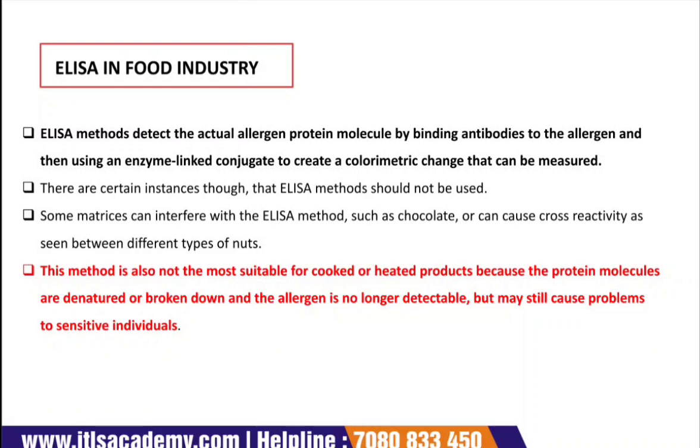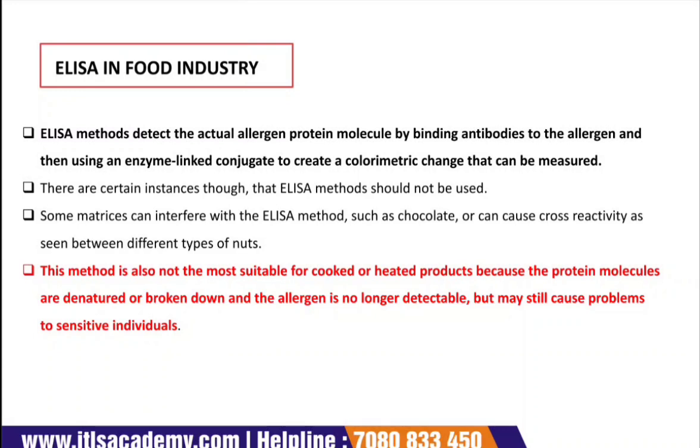Because it can cause cross reactivity. This method is also not suitable for cooked or heat-treated products. So there is an exception in using ELISA for certain products, for example chocolates. In chocolates, ELISA could not be used, because of the cross reactivity.